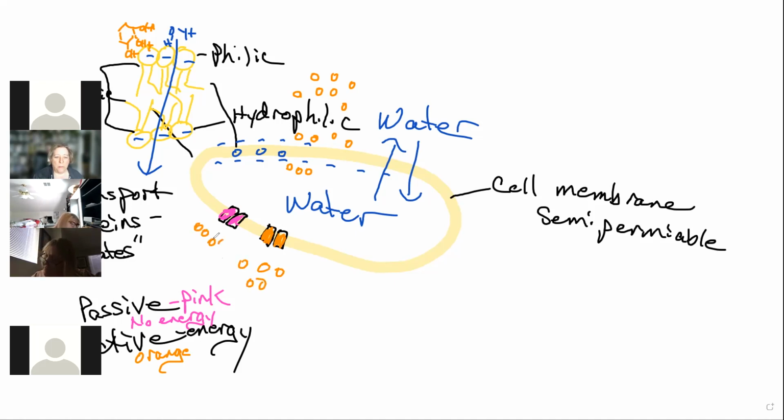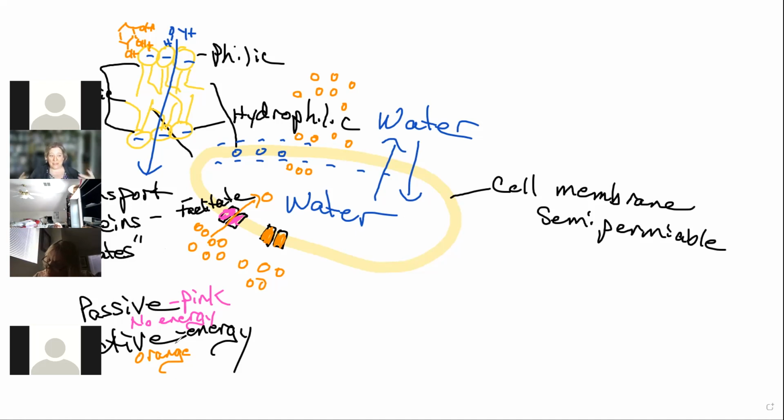I can just open up this channel, and the sugar is going to go down its concentration gradient into the cell. That's diffusion. But this channel has to facilitate the diffusion.